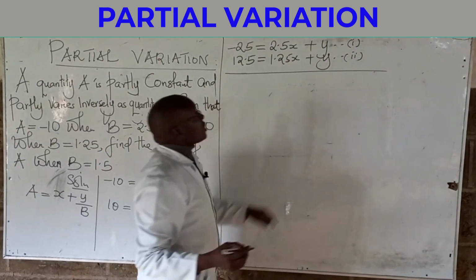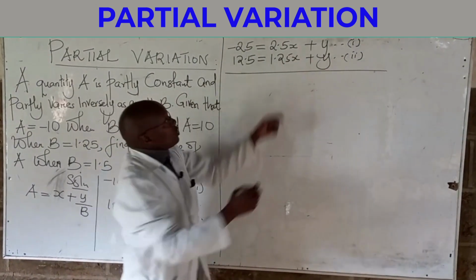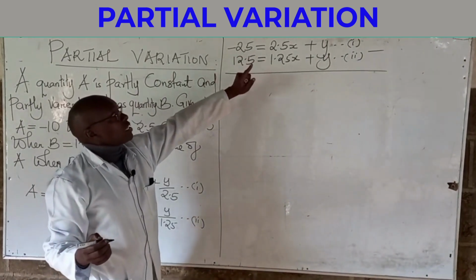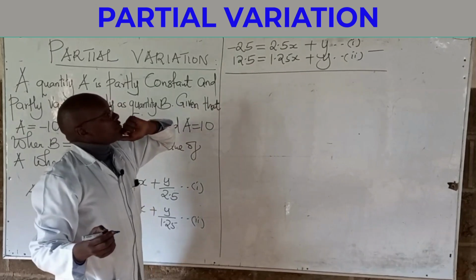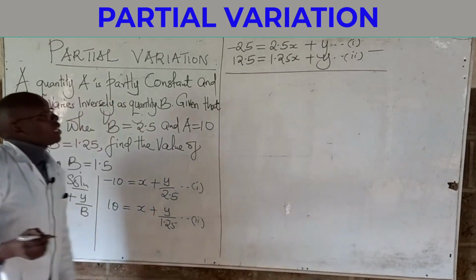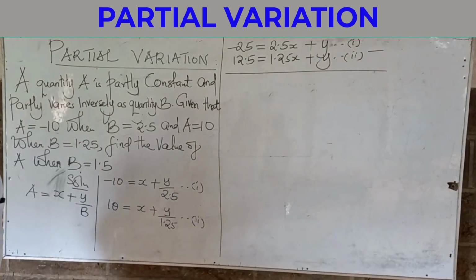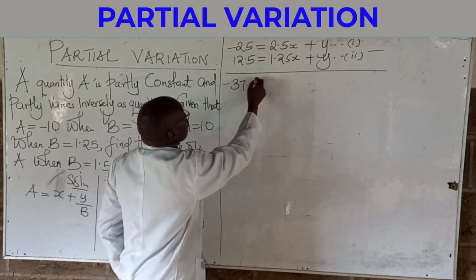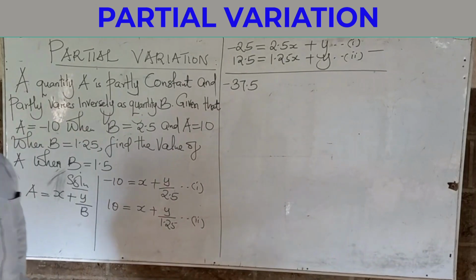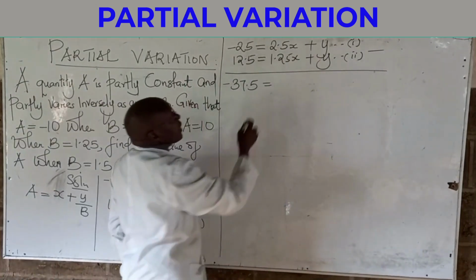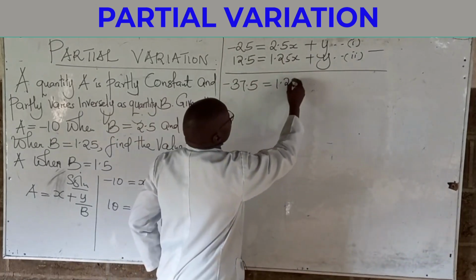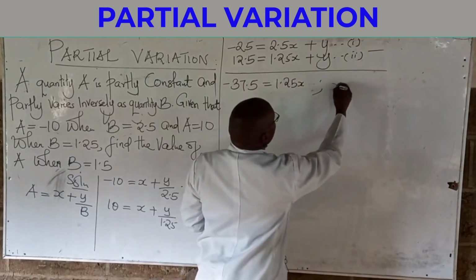I will use elimination so that I can remove the Y. So I will subtract to get rid of Y. -25 subtract 12.5 gives -37.5. Then 2.5X subtract 1.25X gives 1.25X, and Y gets eliminated.